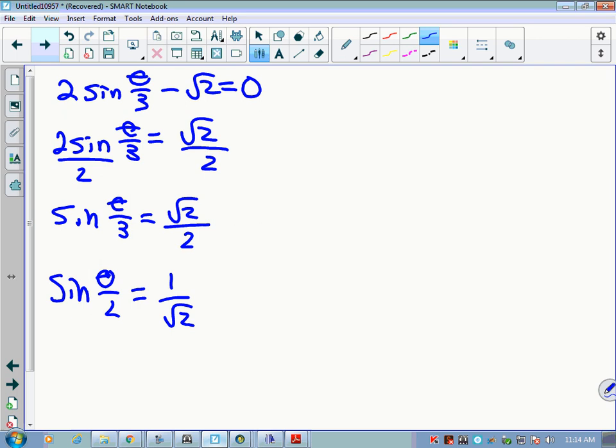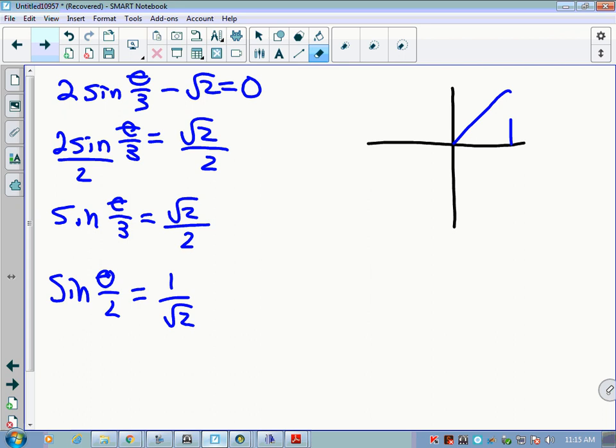Especially with a sine. So, okay, we get this guy here. Opposite, positive 1. Hypotenuse, radical 2. All right, which means what is my angle here?